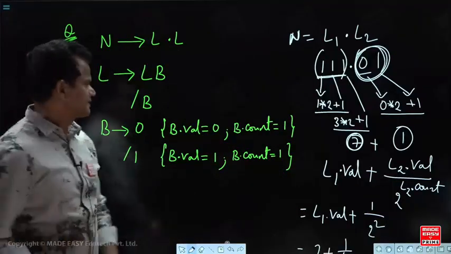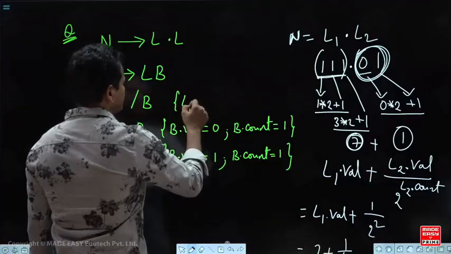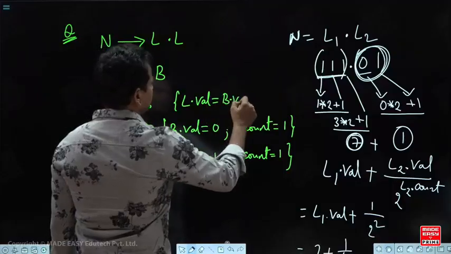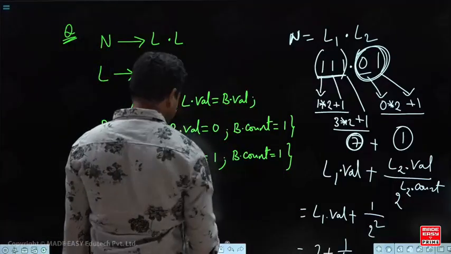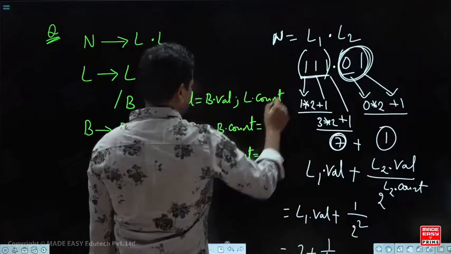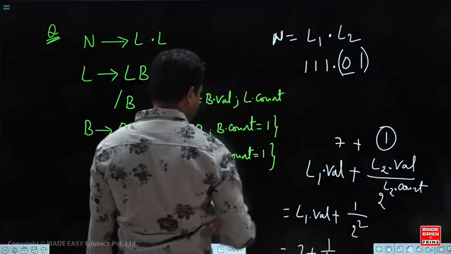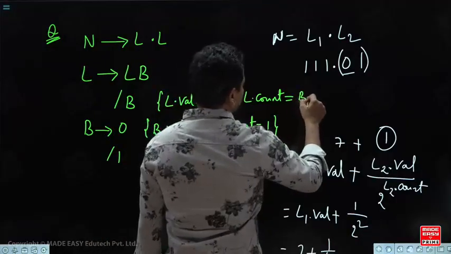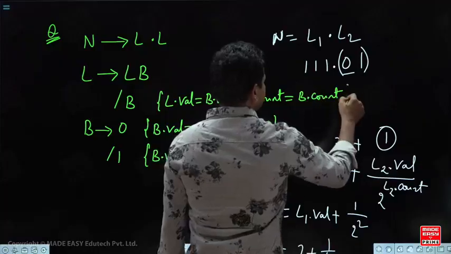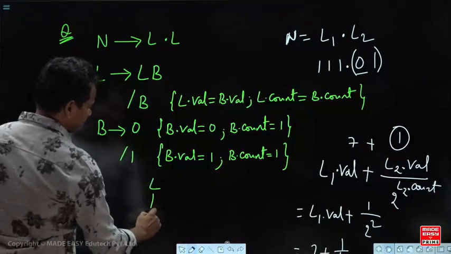And L derives B. L dot value equals B dot value, and similarly L dot count equals B dot count.